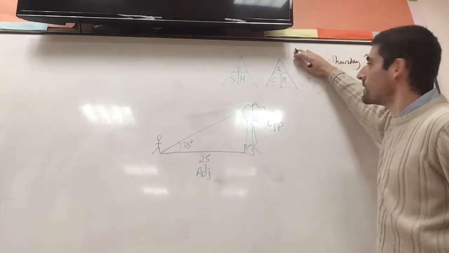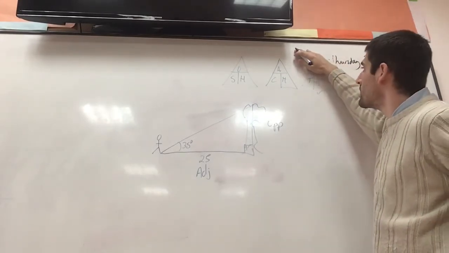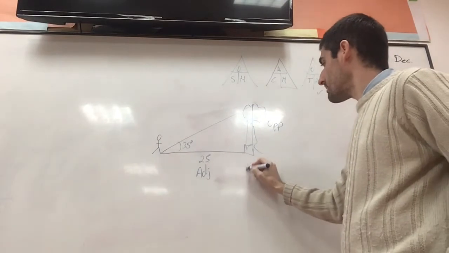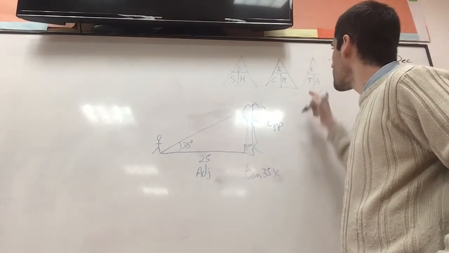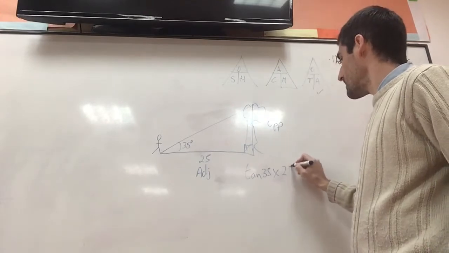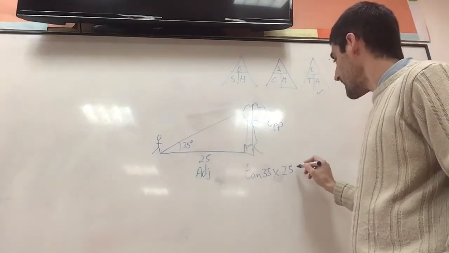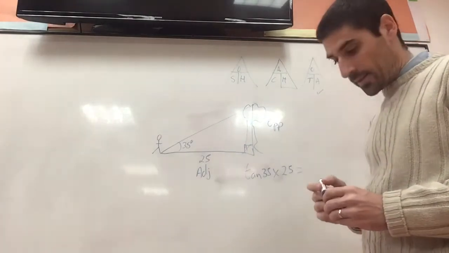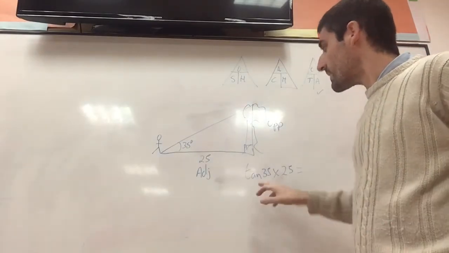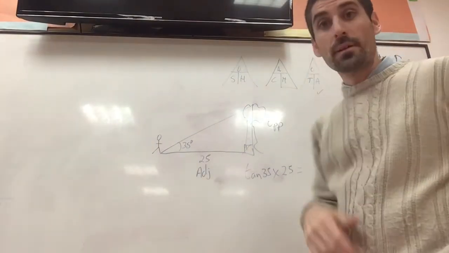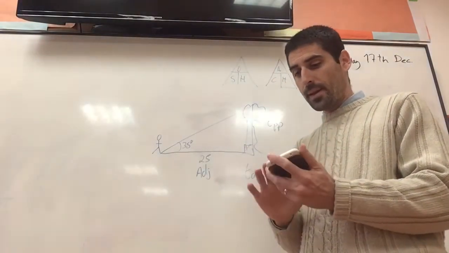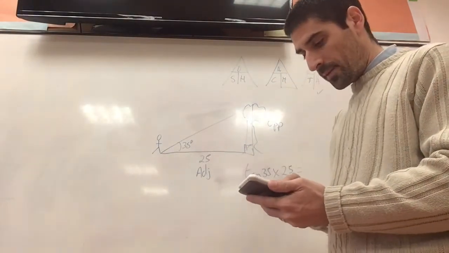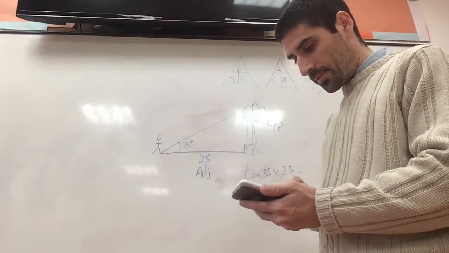I'm trying to find the opposite side, so I need to do tan 35 times the adjacent, which is 25. So the height of the tree is going to be the tan of 35 times 25. So you get your calculator, which you should have ready, and then we do tan 35.